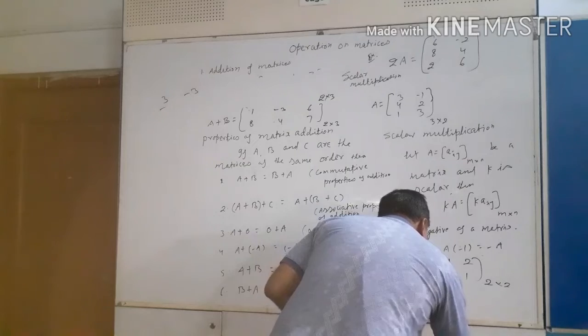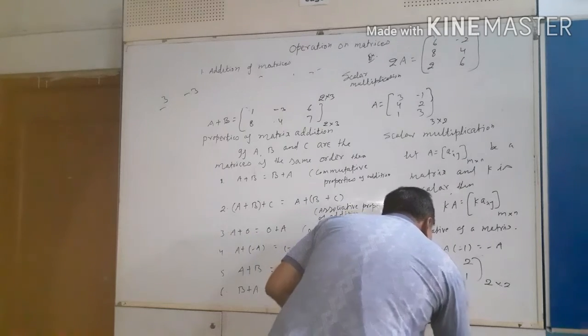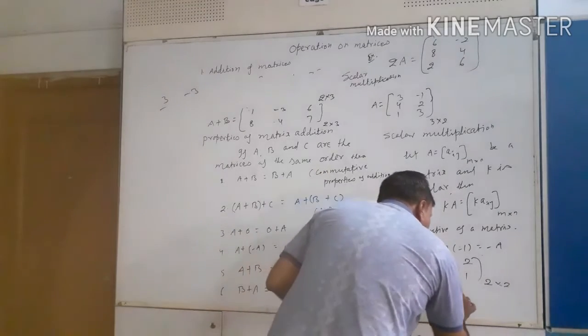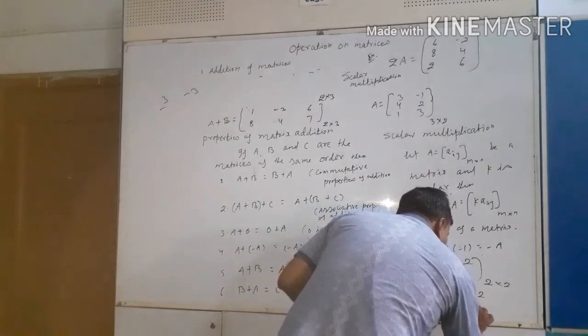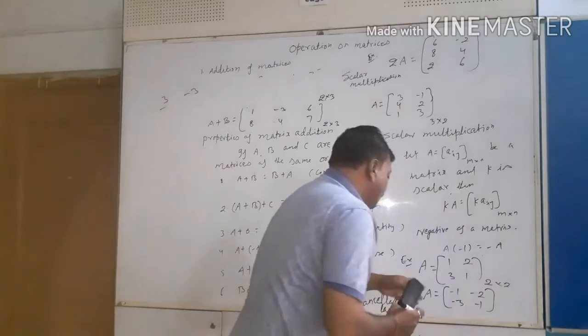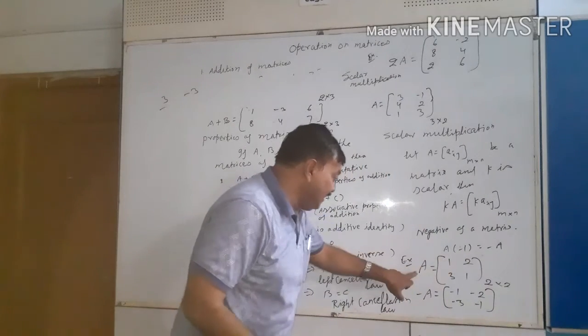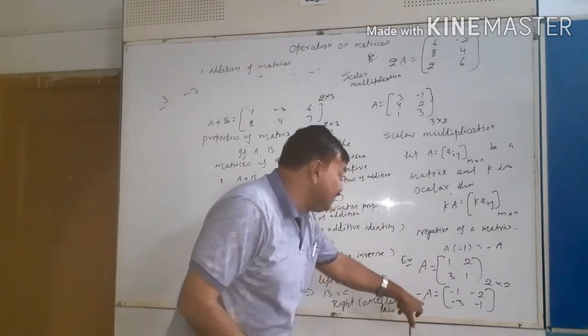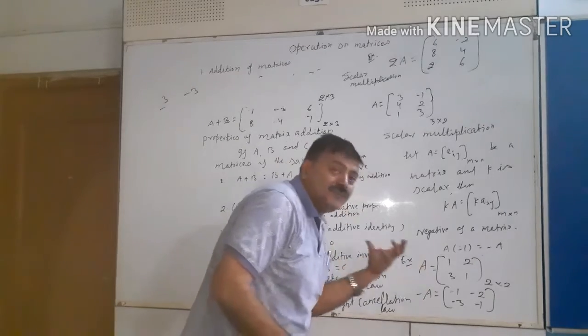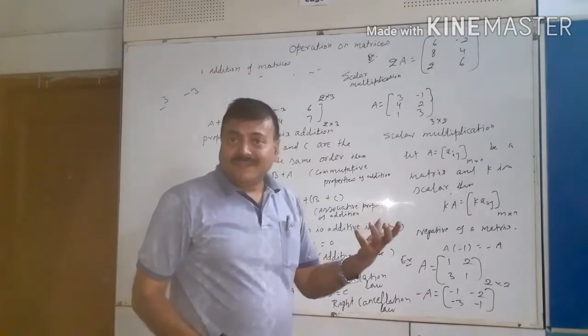Minus A means minus 1 multiplied here, so minus 1, minus 2, minus 3, minus 1. This minus A is the negative matrix of it. Very simple here also.